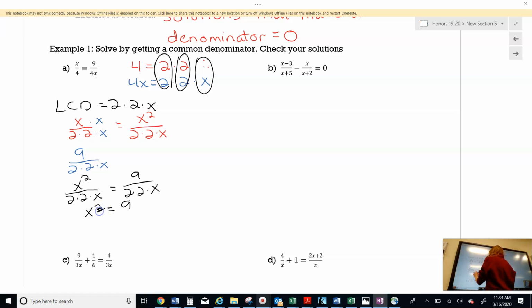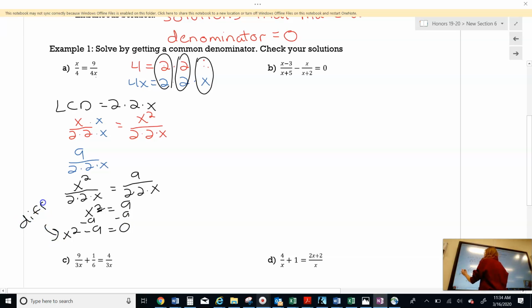It's a quadratic, so I have to get it equal to 0. This is our difference of squares. So I get x plus 3, x minus 3 equals 0.